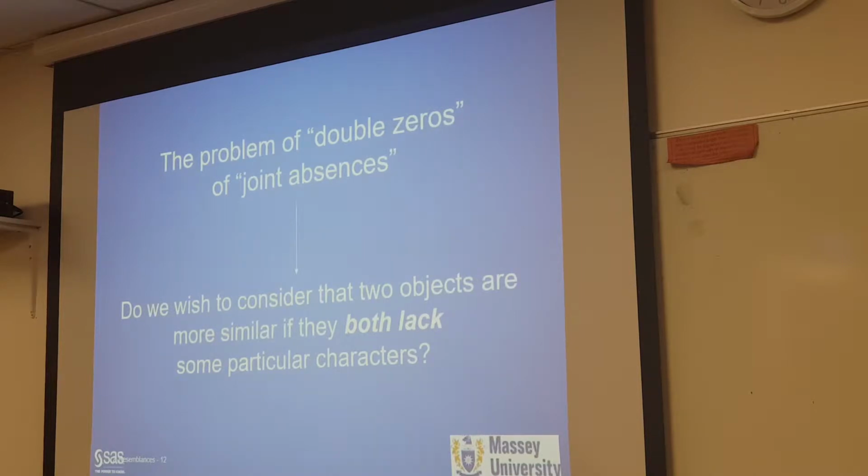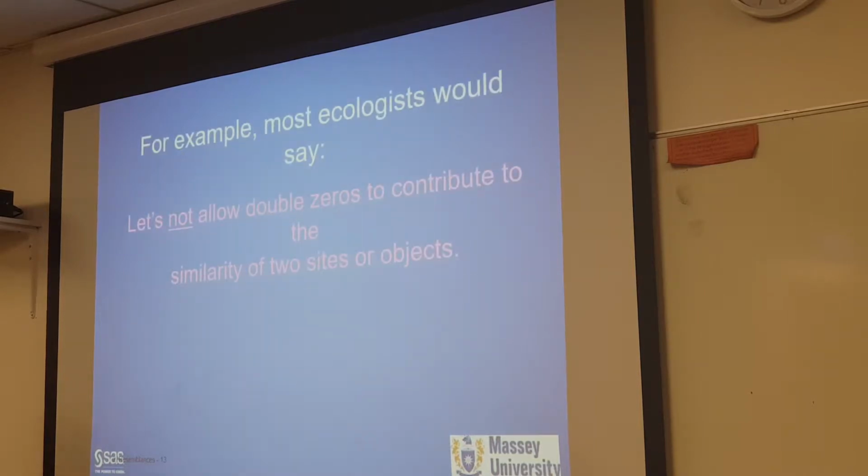A lot of times it does. If you are actually interested in the times there are double zeros, then absolutely, D would be useful as a measure of similarity. But a lot of times we're not interested in that. As a biologist, I'm particularly not going to be interested in that. Like most ecologists, I don't want the double zeros to contribute to how similar my 2 different objects, my 2 different sites are.